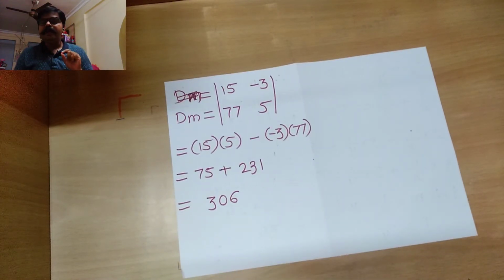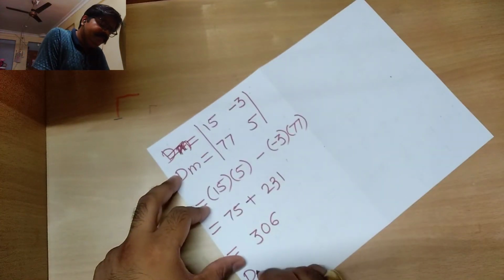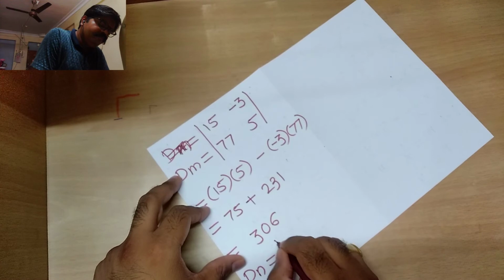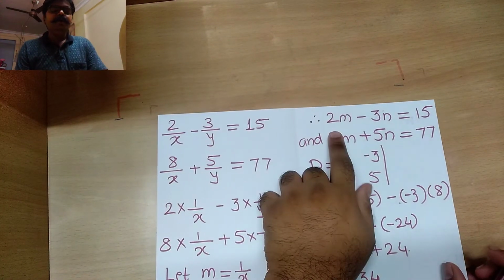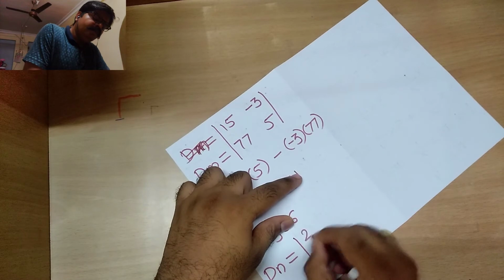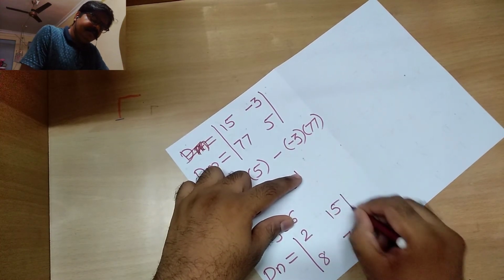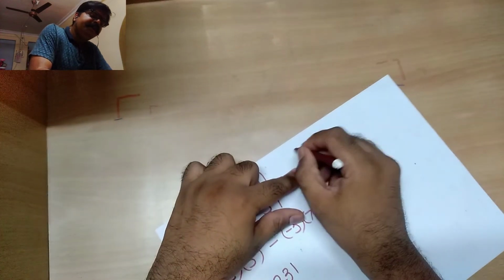Similarly, we are going to calculate dn as well. Therefore, dn will be 2, 15 and 8, 77. That is the thing we are going to do. Let us try to solve this entire determinant.